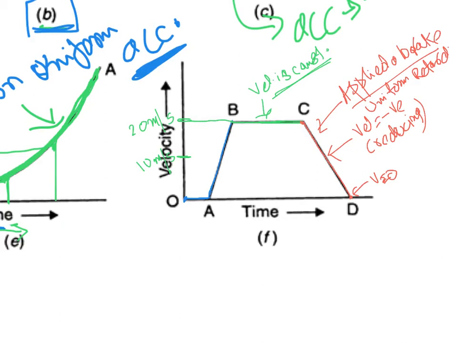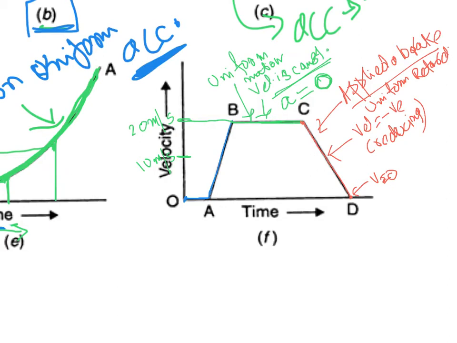When my velocity is constant, my motion is uniform. Acceleration here is equal to 0. This is my uniform motion.